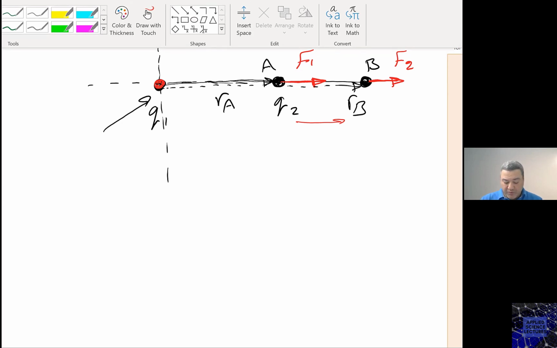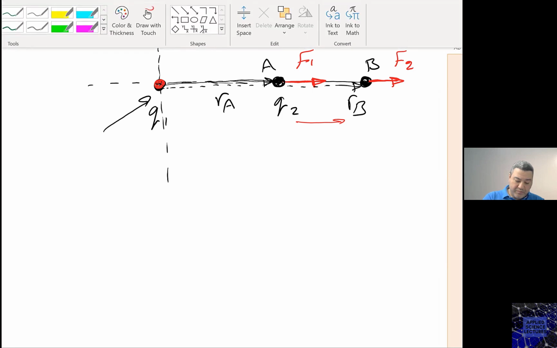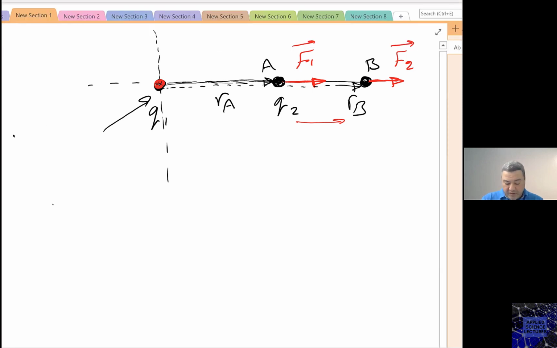So how do I calculate this work? So let's see. W from A to B equals, we said, the integration from RA to RB of the force dot.